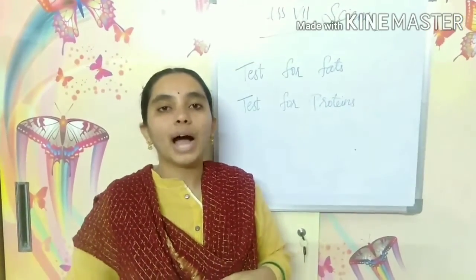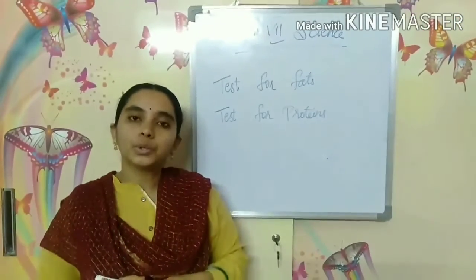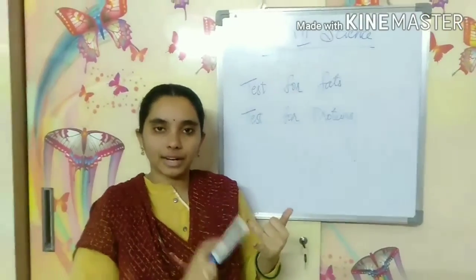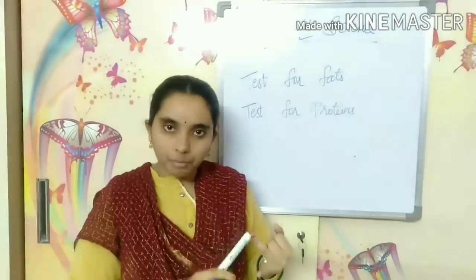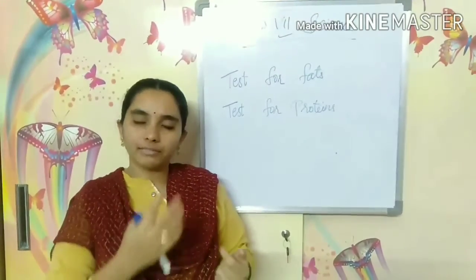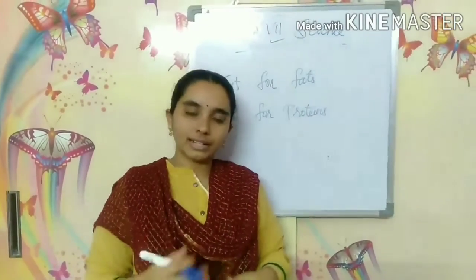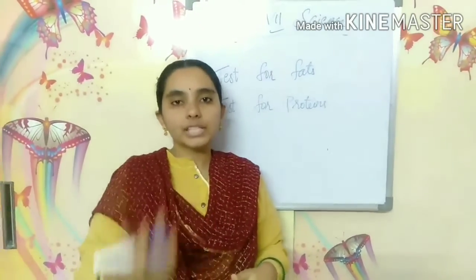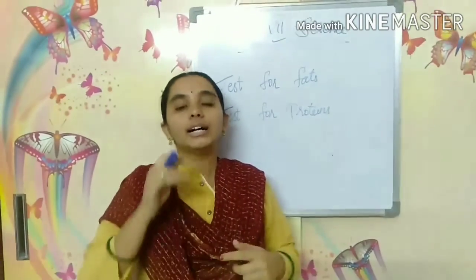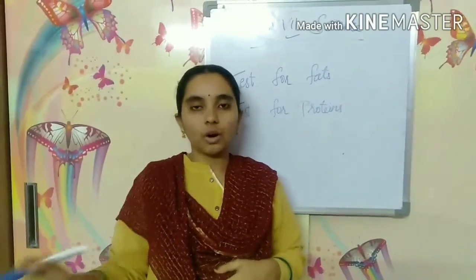So you have a table in your book to fill. You will find some ingredients like rice, egg, oil, milk. These food substances are given. In them, you have to find out which component is present in which material and then tick the box according to the column given.